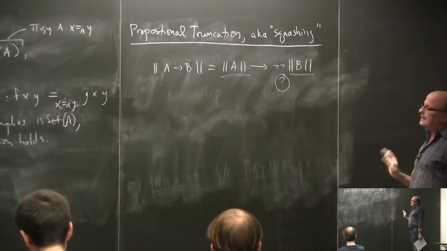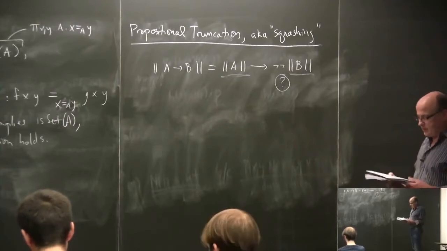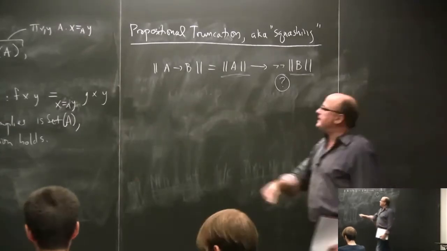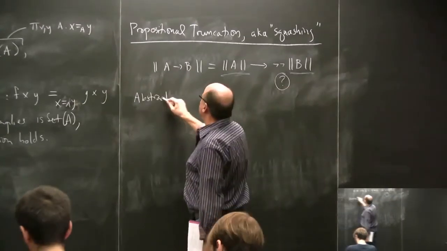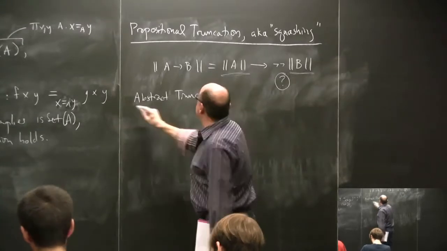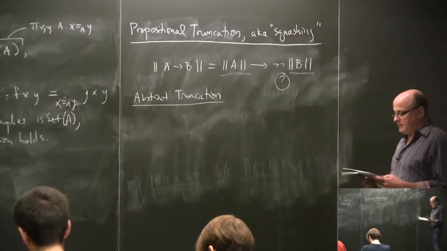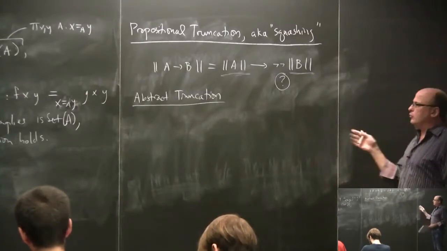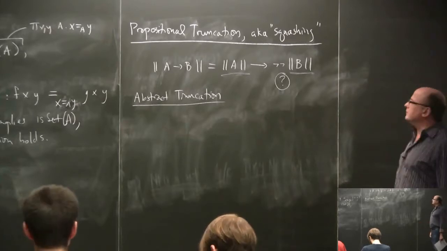So that led us historically, and has led us here, to consider a more abstract notion of truncation, which I will present at this moment as a primitive idea of HoTT, and later on we'll show how that could be derived from other things that we will introduce.